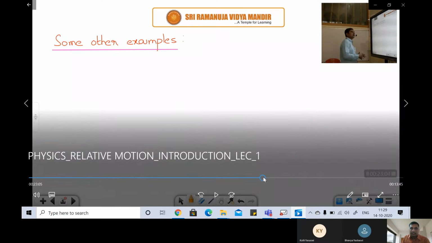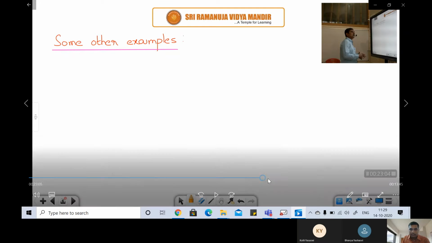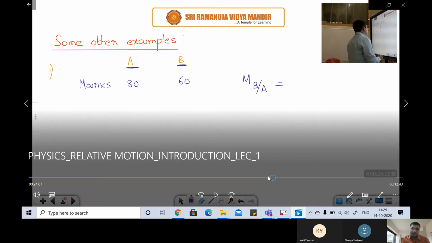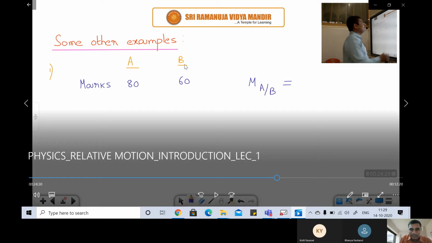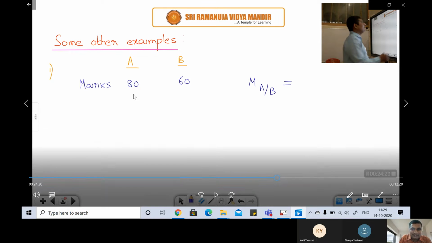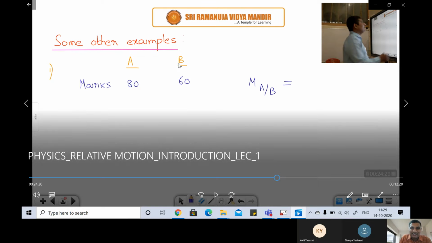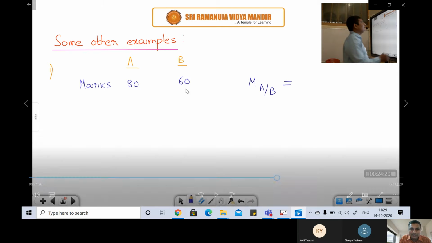Now I will give some normal examples, not just physics. Suppose yesterday you got marks. Suppose A is KSSV and B is Bhavya. KSSV got 80 marks and Bhavya got, let us say, 60 marks.